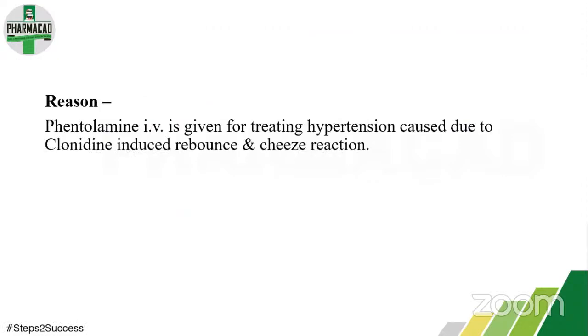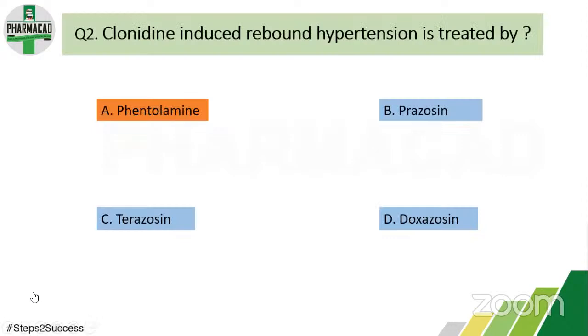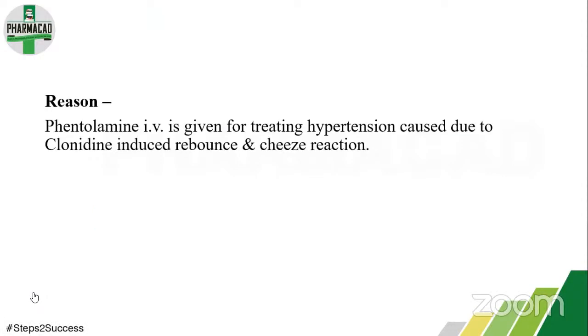Phentolamine is given for treating hypertension caused due to clonidine-induced rebound as well as cheese reactions. When you suddenly or abruptly stop clonidine, there would be a rebound hypertension, and so phentolamine is given as the drug of choice.